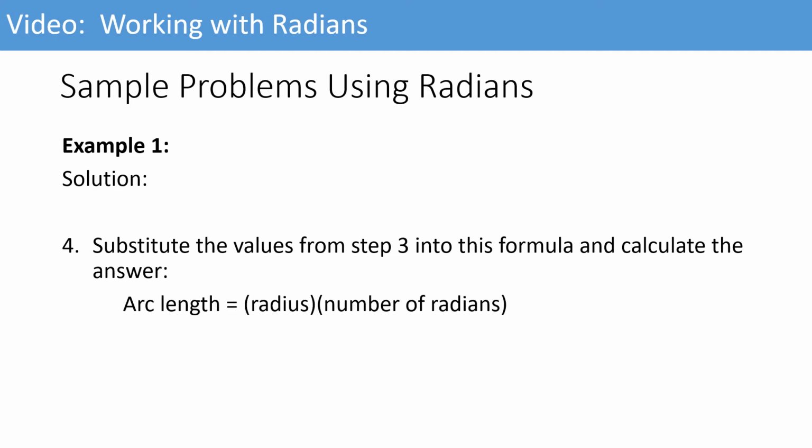So arc length equals radius times number of radians. Radius is 9. Number of radians is 5 pi over 6. Multiply the top, 9 times 5 pi, divide by 6. Common factor out 3. So 3 times 5 is 15 pi, and 3 times 2 is 6. So our answer would be 15 pi over 2.